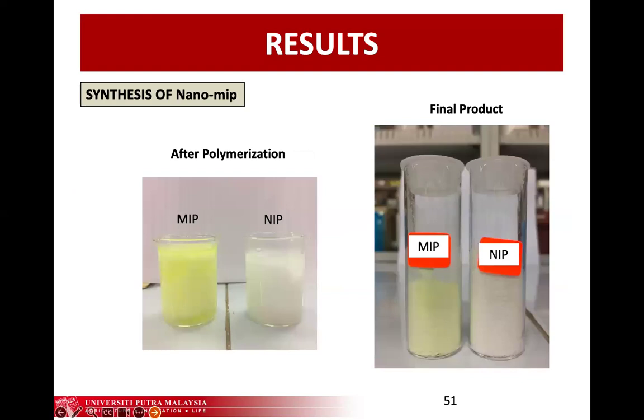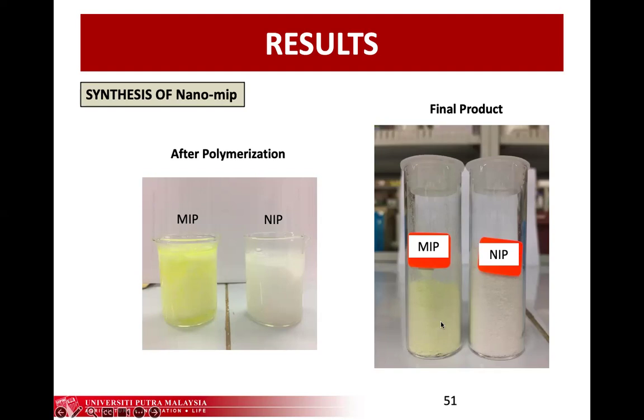And this is the physical form of the MIP. You can see the PENG is inside here before extraction, meaning that you have not taken out the PENG as the template. And this is the non-imprinted polymer; there is no PENG inside, there is no template. And this is after extraction.